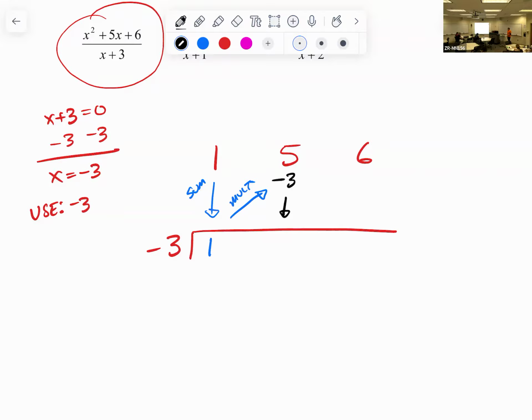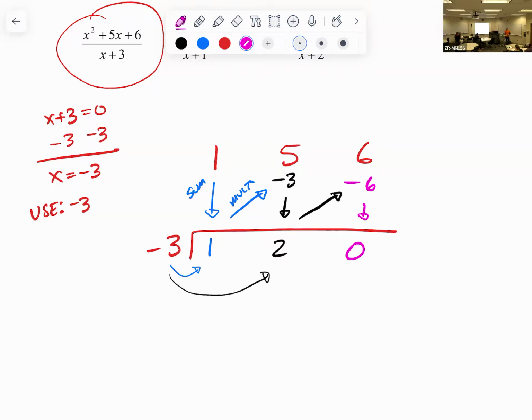Down means sum: 5 minus 3, which is 2. Then multiply: -6. Every time, this is coming over in every step. Then 6 minus 6 is 0. As soon as you're out of numbers, you're done.